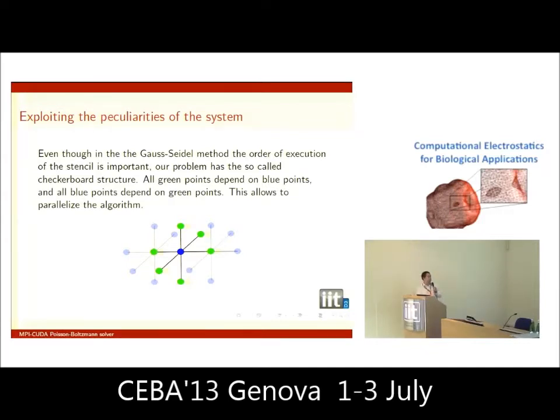Nevertheless, since we can paint the grid points with colors, every blue grid point depends only on green points, and every green on blue ones. So we can parallelize the grid points with the same color. And that way we can move very fast between those two colors. First the green ones, then the blue ones.